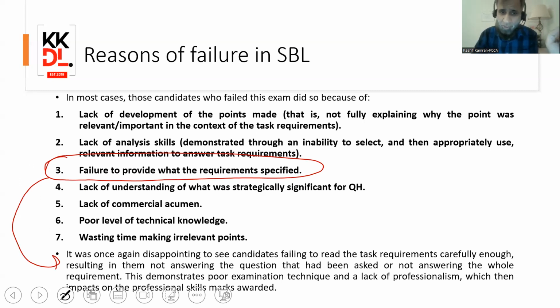This demonstrates poor examination technique and lack of professionalism, which then impacts on professional skills being rewarded. If you're not understanding the requirement, honestly, you're not writing a good answer, which limits the professional marks being rewarded by the examining team.